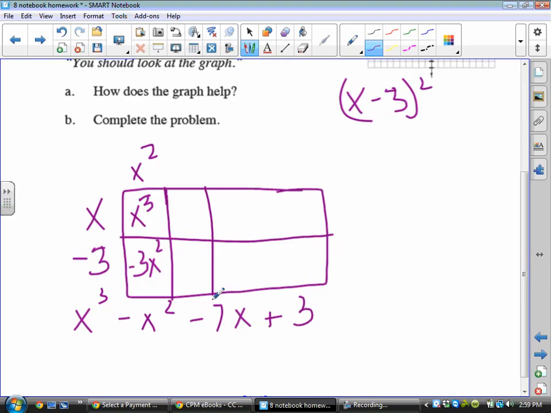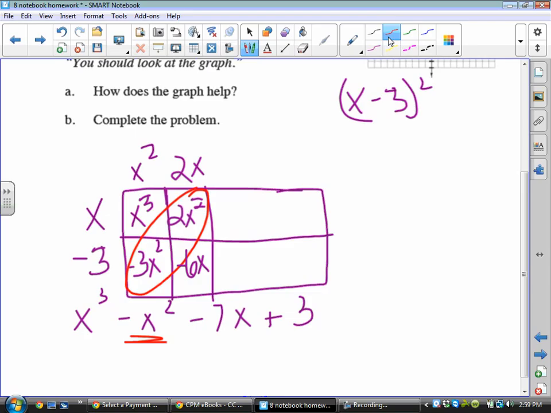So my next column, I'm just making rows as I go rather than knowing how many I need to do. My next thing needs to add up right here. These two need to add to be negative x squared. So I'm going to have this be a positive 2x squared in order to make that happen. To figure out what times x gives me 2x squared, it will be a 2 and an x.